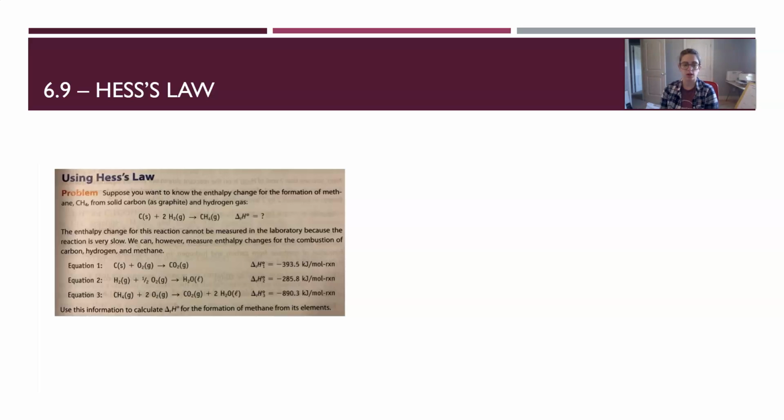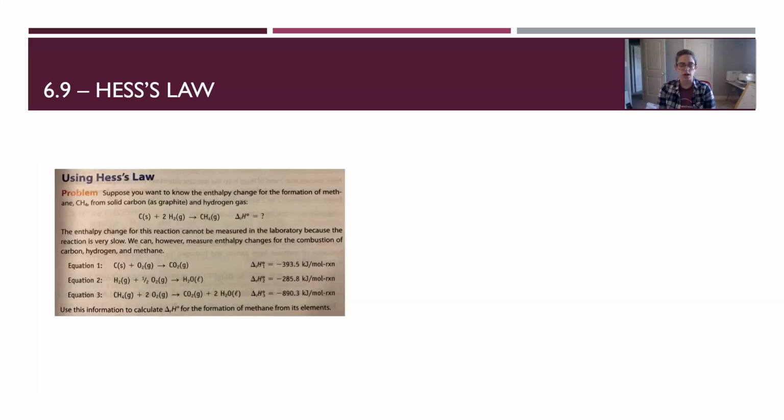And then our last one is methane gas, or CH4, reacting with 2 moles of oxygen gas to form carbon dioxide and 2 moles of liquid water. And that has an enthalpy of reaction of negative 890.3 kilojoules per mole of reaction.